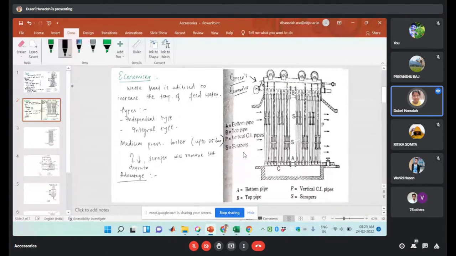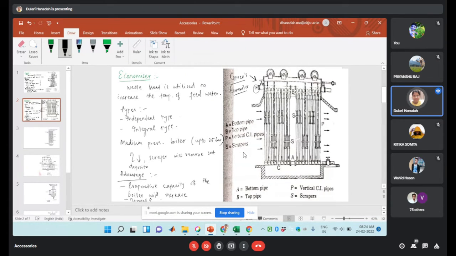In this case, the evaporative capacity of the boiler will increase. Hence, your overall efficiency will increase due to this evaporative capacity.